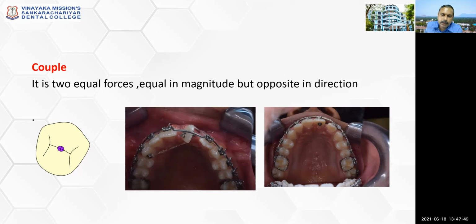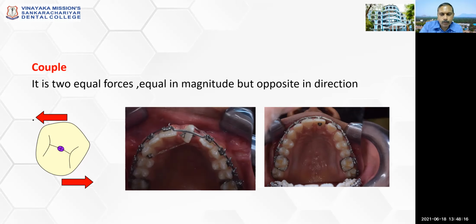Equal force, equal in magnitude, opposite in direction. The couple can be applied not only for a rotated tooth, it can be applied for a tooth to move with the opposite end, that is the root. There also you apply a couple for a torque to be created. That we will come to know in the next slides.